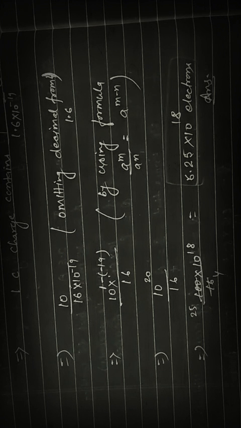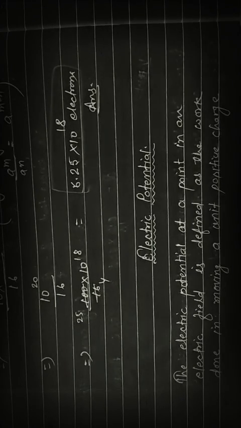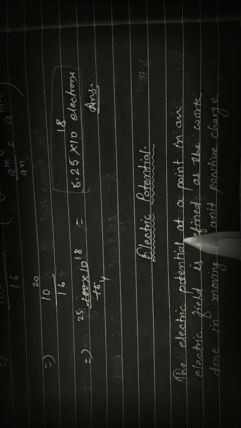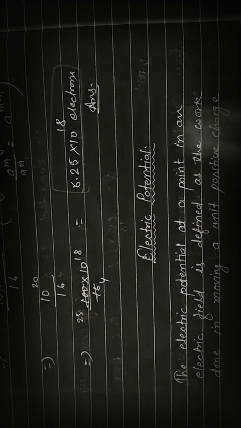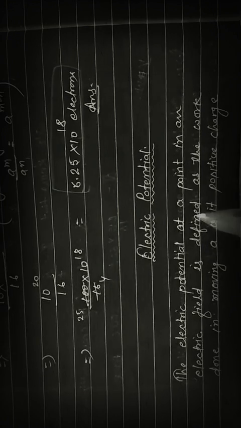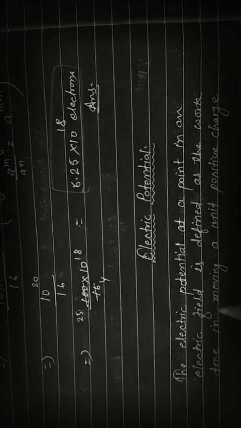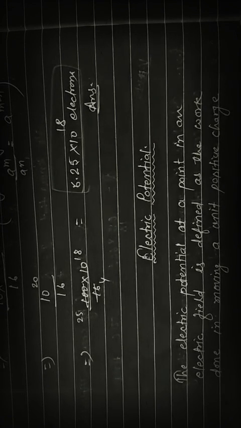You already know that when electrons move along a conductor, it constitutes electric current. Understood? So today we will study a new topic, that is electric potential. Try to understand. The electric potential at a point in an electric field is defined as the work done in moving a unit positive charge from infinity to that point.